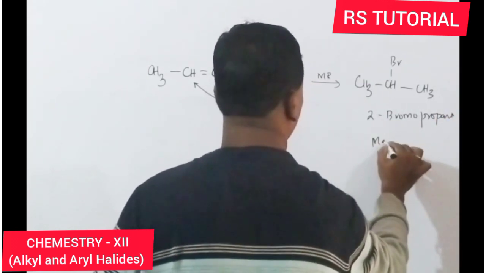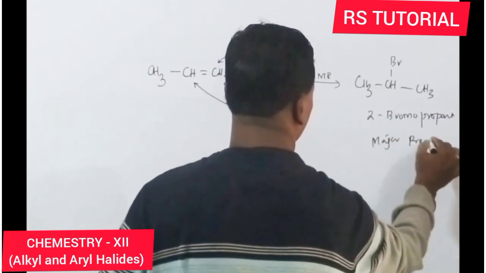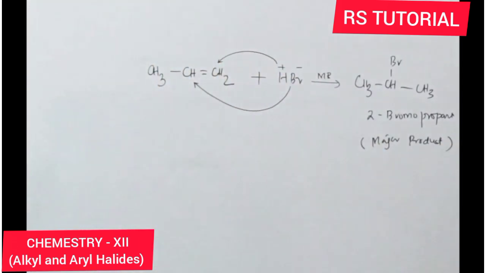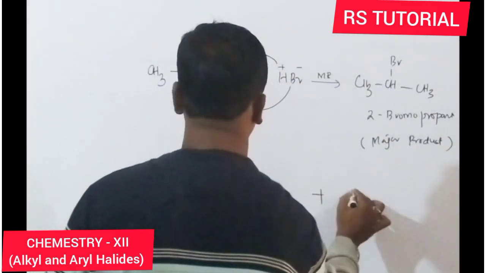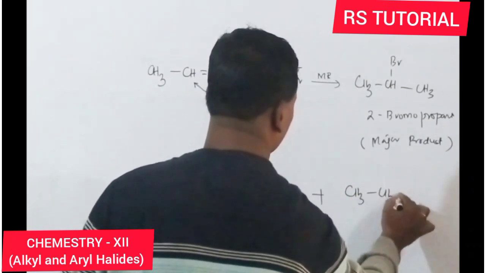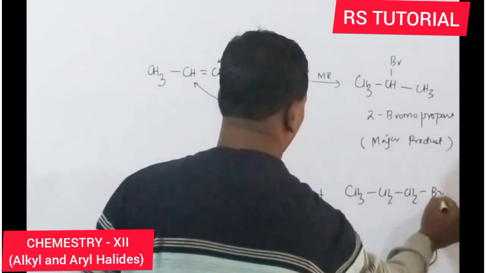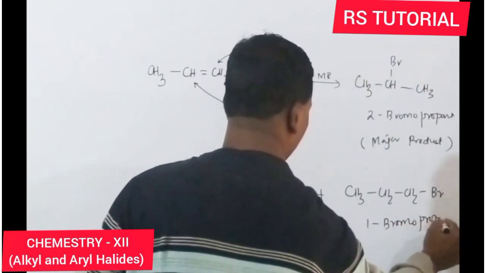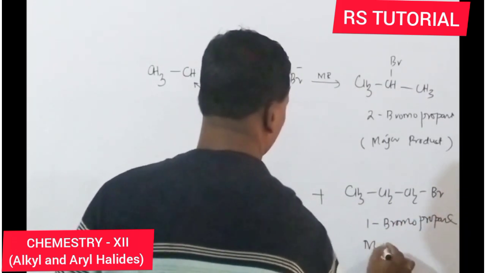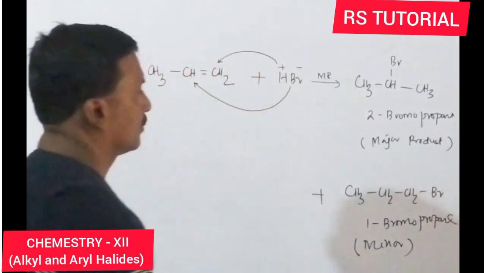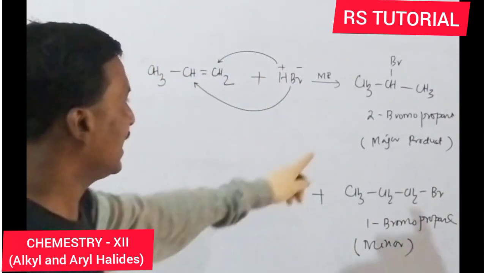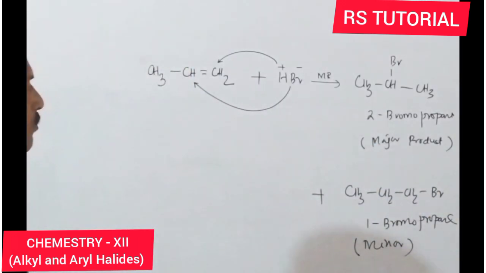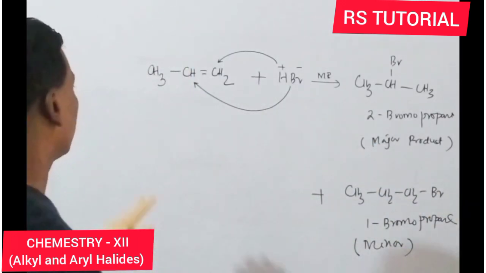This is the major product or Markovnikov's product. Another possibility is also there. This is 1-bromopropane, the minor product. So why is it a major product? Okay. Now I will explain in the mechanism.